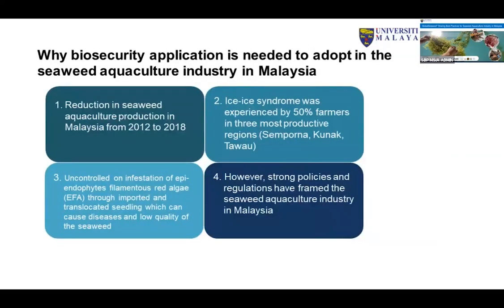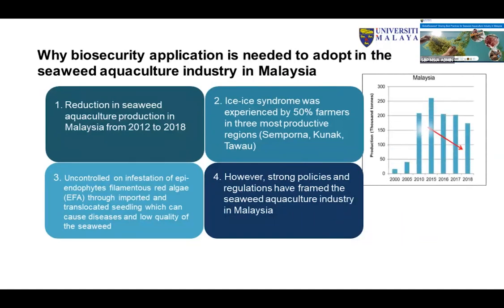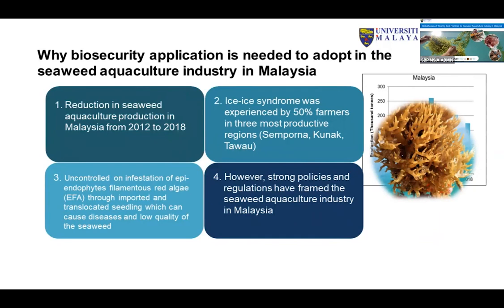Why is biosecurity application needed in the seaweed aquaculture industry in Malaysia? The reason is there has been a reduction in seaweed aquaculture production from 2012 to 2018. The ice-ice syndrome was experienced by 50% of farmers in the 3 most productive regions.